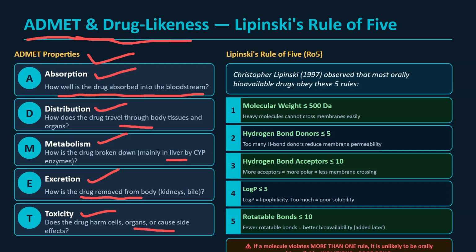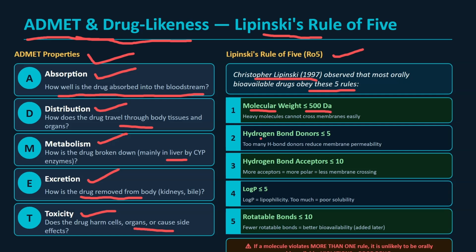So this is ADMET. Now, a very important concept is the Lipinski rule of 5. The Lipinski rule of 5 is also important from the CSIR point of view. Christopher Lipinski in 1997 studied orally available drugs and found that most of them follow 5 rules. Rule number 1 is molecular weight, which must be less than or equal to 500.